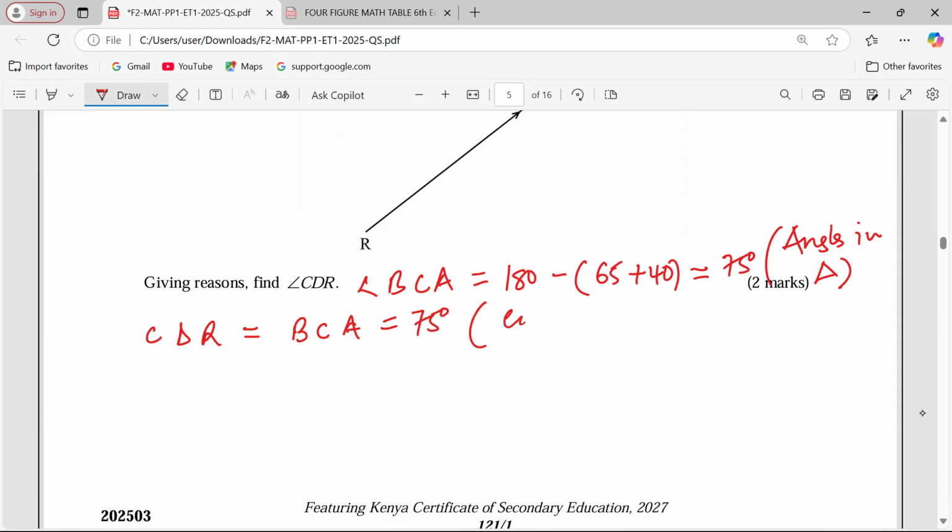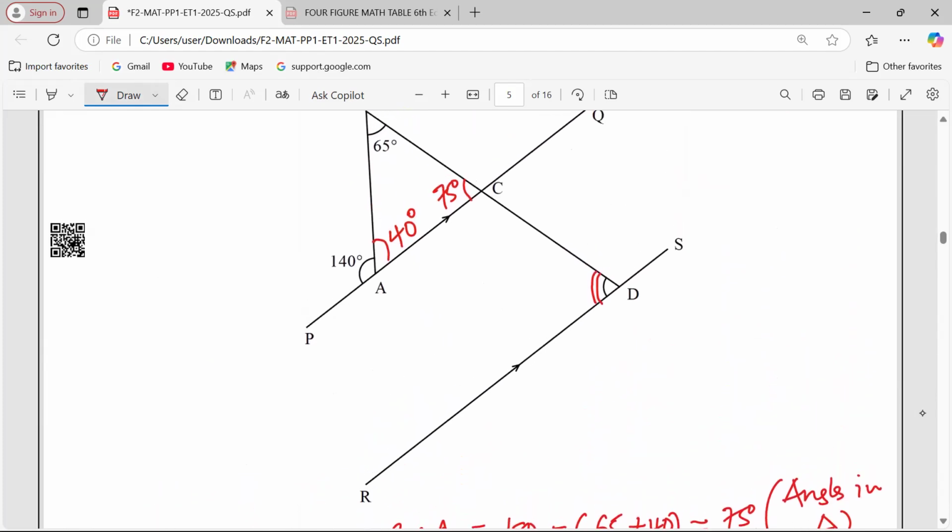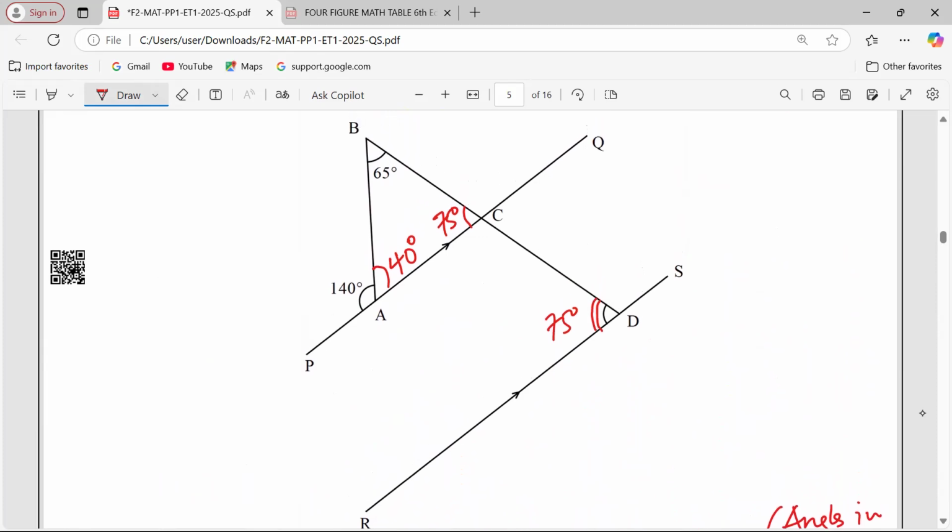These ones are called corresponding angles. So corresponding angles are usually equal. So this is also going to be 75. They are in corresponding positions because RS is parallel to PQ.